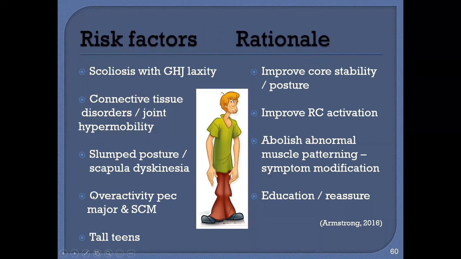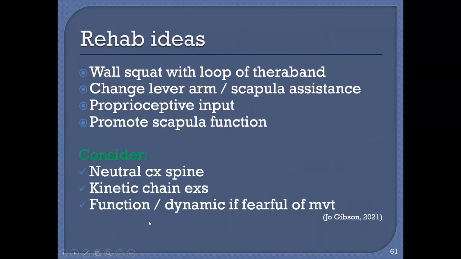But typically risk factors are scoliosis associated with glenohumeral joint laxity, connective tissue disorders and joint hypermobility, slump postures, scapular dyskinesia, and the overactive pec major. Essentially, you're doing the same bits and pieces as you would with your movement improvement, but thinking about a neutral cervical spine with it.